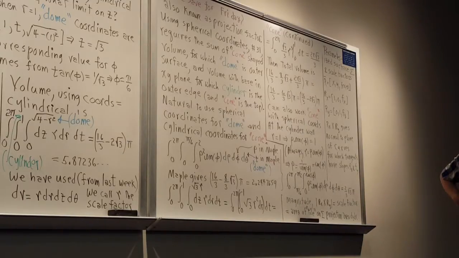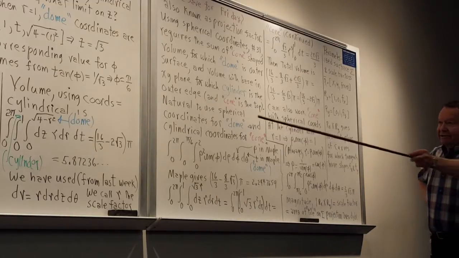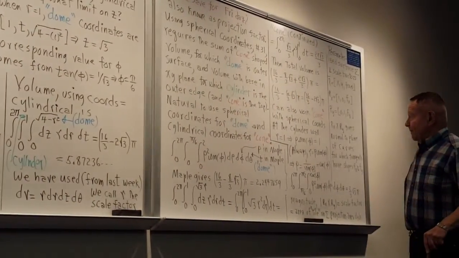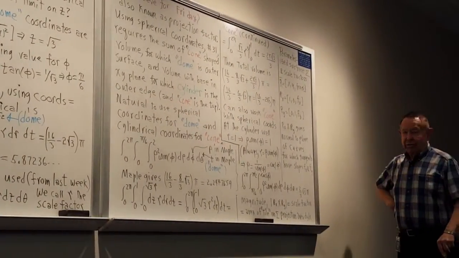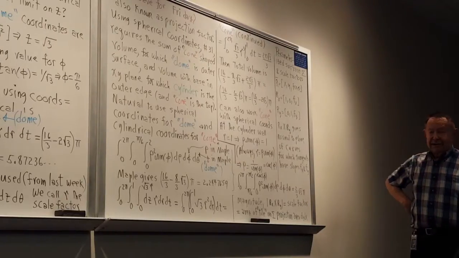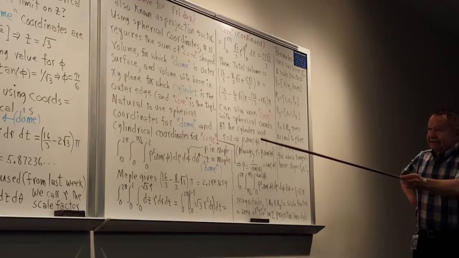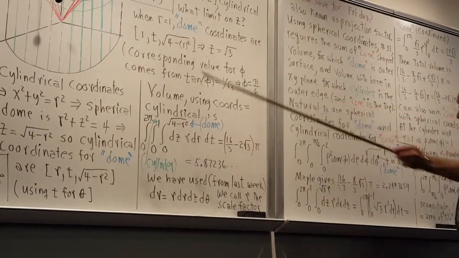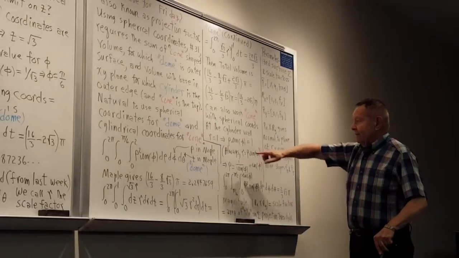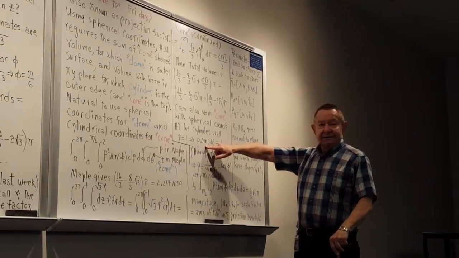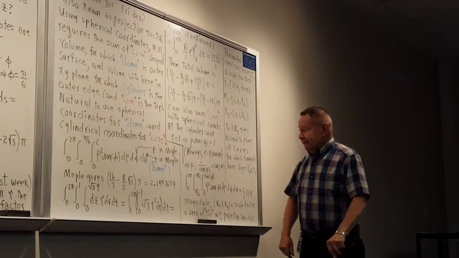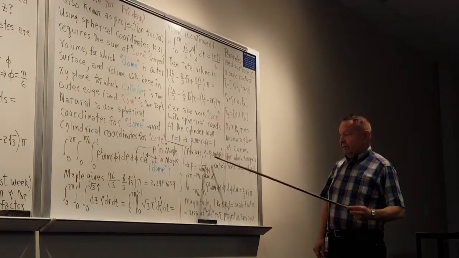So you can do them that way, or if you want to do the same thing out in here with spherical coordinates, you can do that. What you have to do is see that when r is 1, so that you're on this wall, rho sine phi is 1.